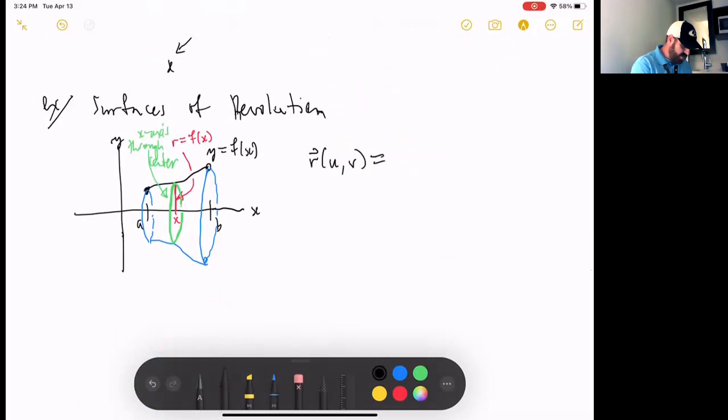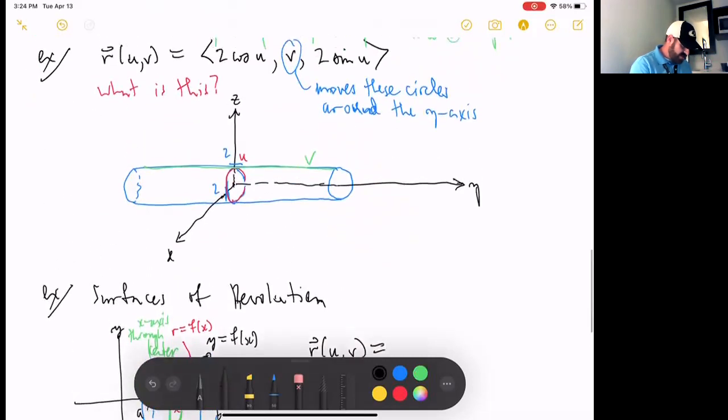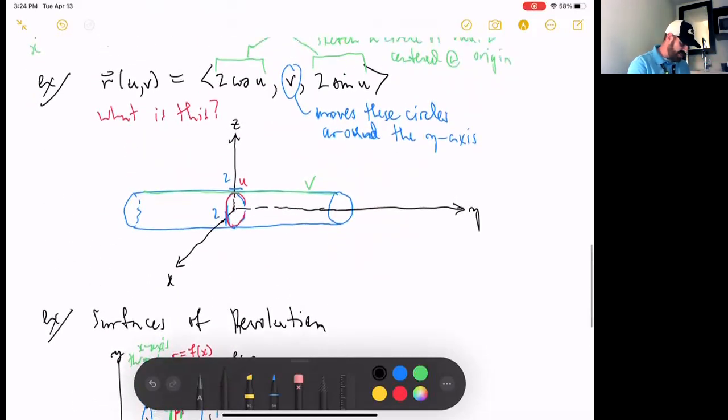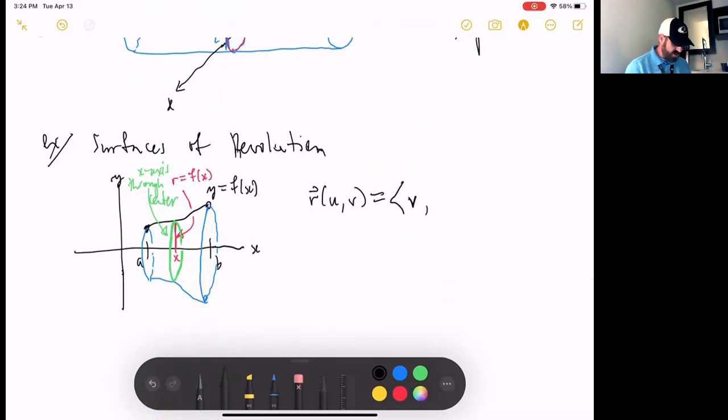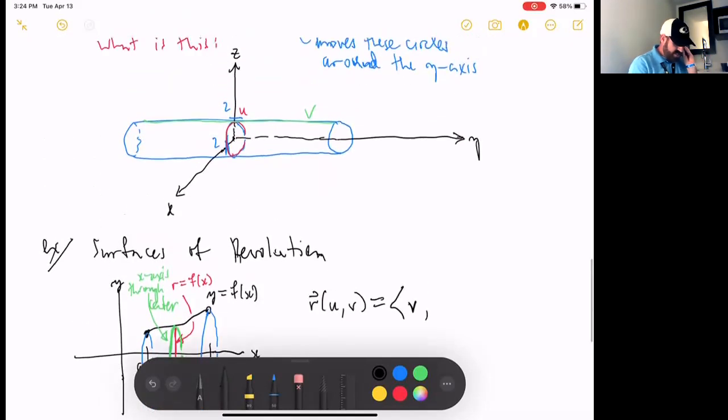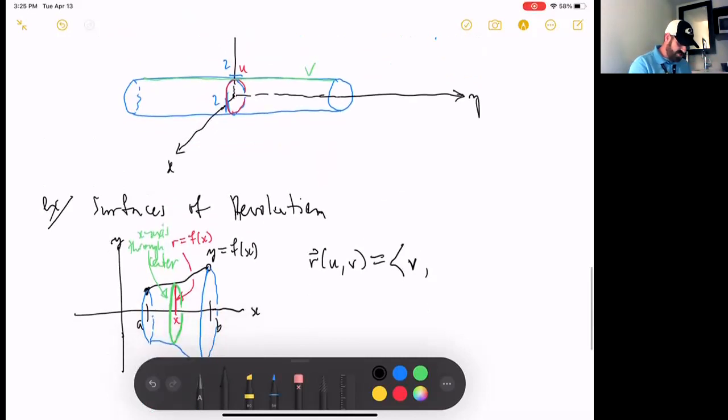And just kind of copying what happened up here, v corresponded to the thing that kind of moved us along. So it seems like in this case, x is doing that, right? So we'll put v as our x coordinate, okay? And before, for every value of v, we ended up getting this circle of radius 2.